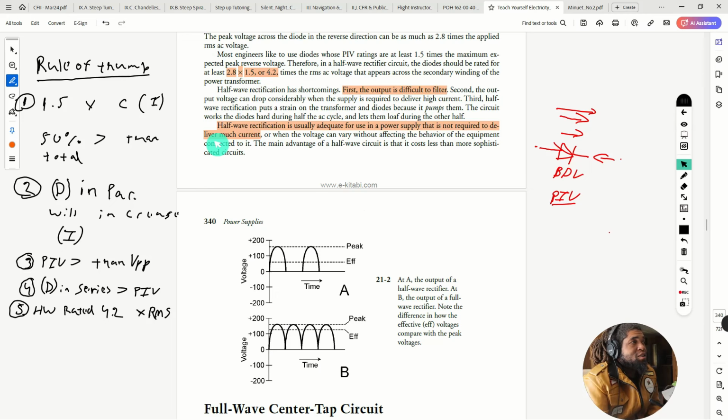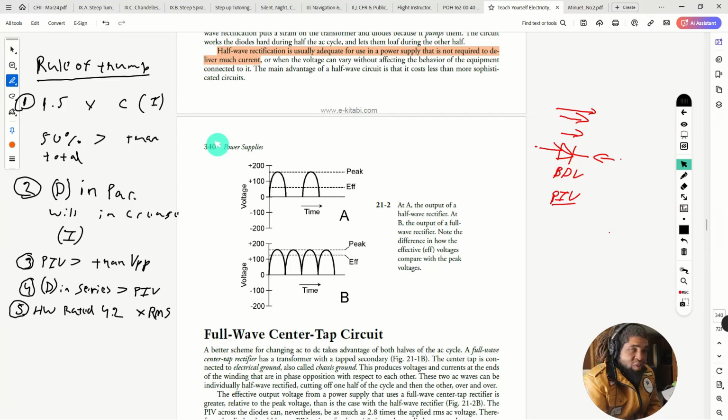Half-wave rectifiers are usually only adequate for power supplies that do not require the delivery of much current, so low current supplies, or when the voltage can vary without affecting the behavior of the equipment connected to it. The main advantage of a half-wave rectifier is that it costs less than sophisticated circuits. This is true. I was going to go into this later, but we can talk about it a little bit now.